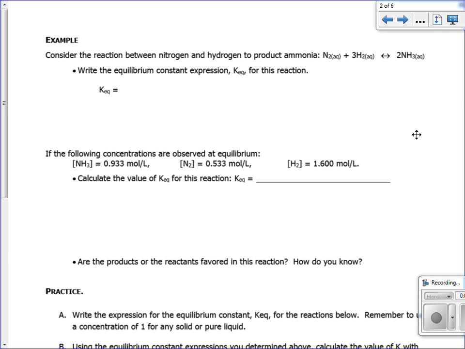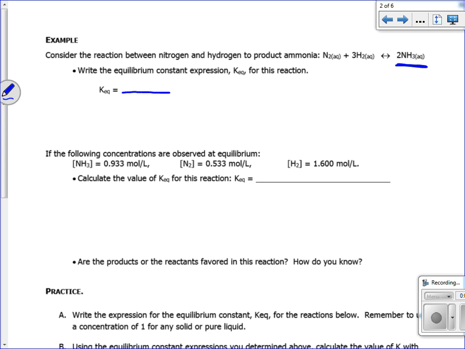Okay? So here, for the equilibrium expression, if we're following the stuff on the front here, what's going to go on the top of the equation? The products. So I'm going to look over here. In this case, how many products do we have in this reaction? One. Only one. So there's only going to be one thing that goes on the top. Now we also need to check our physical states.